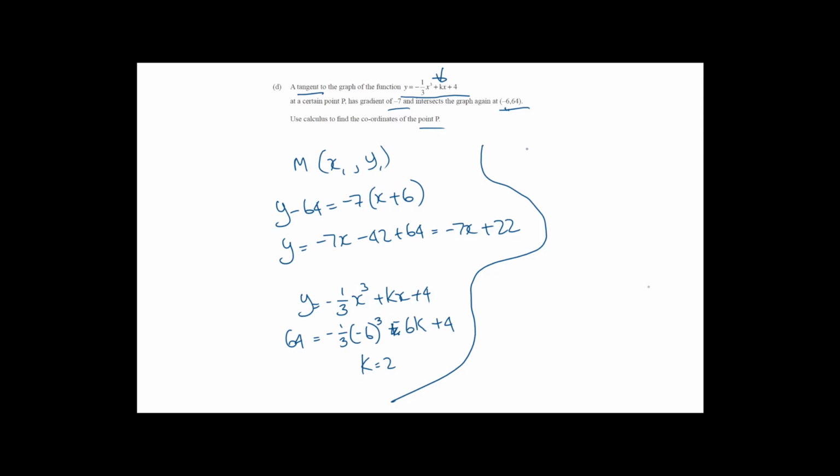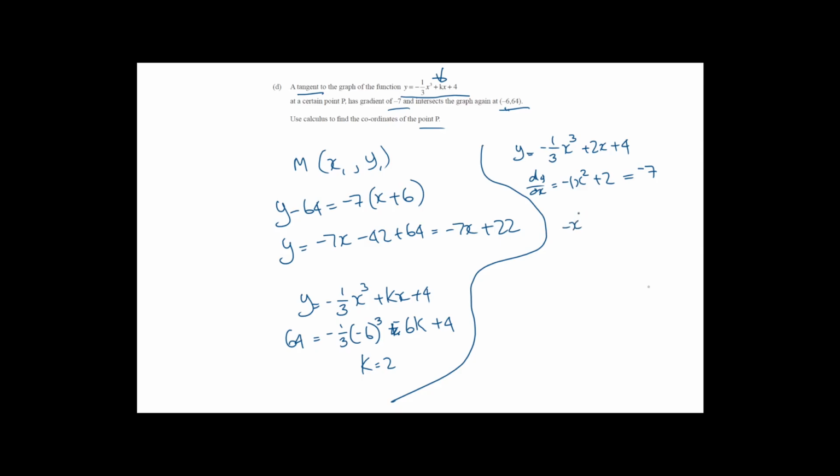So we know that k is 2. So y is now negative 1/3 x cubed plus 2x plus 4, so therefore dy/dx equals 3 times a third is negative 1x squared plus 2, and we're going to set that equal to negative 7 and solve.